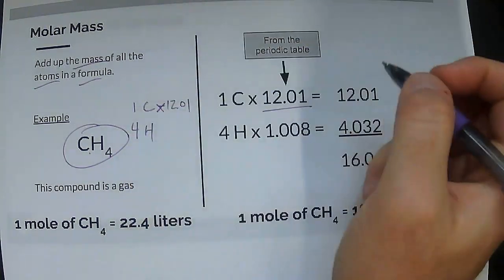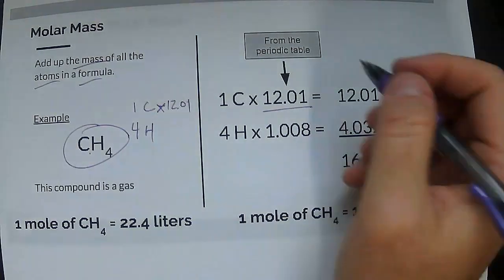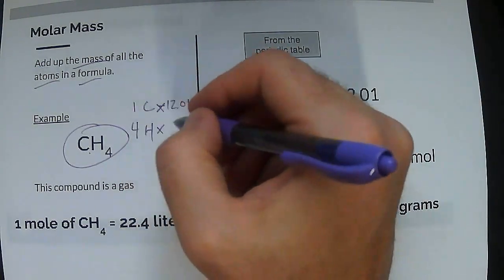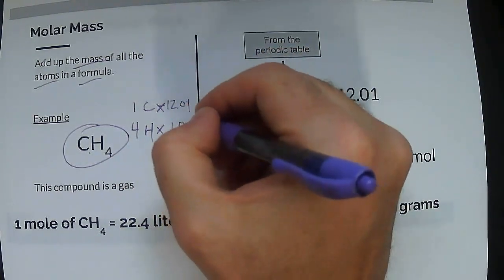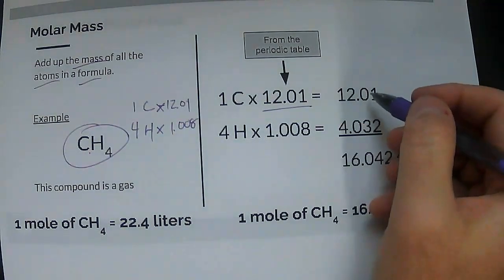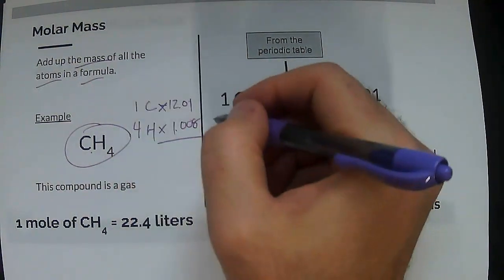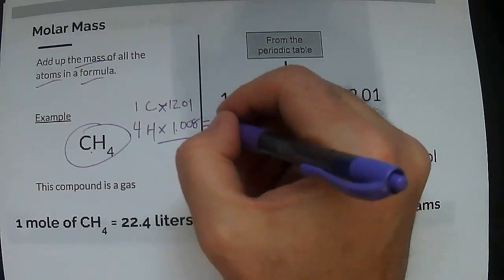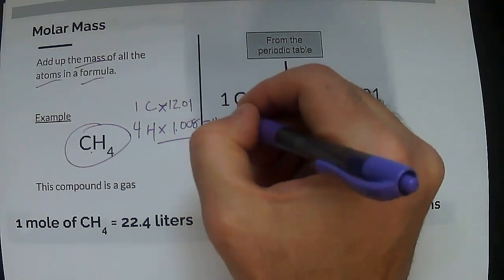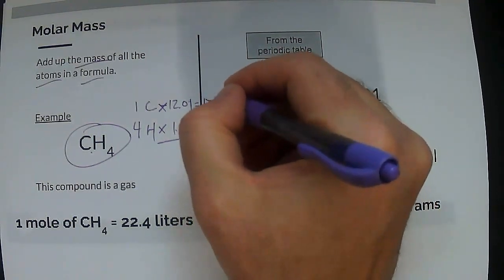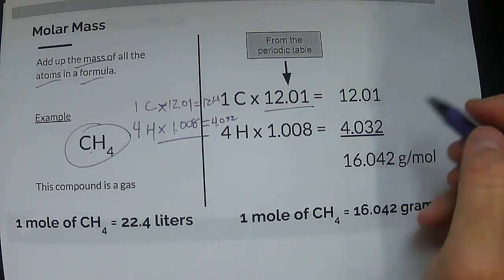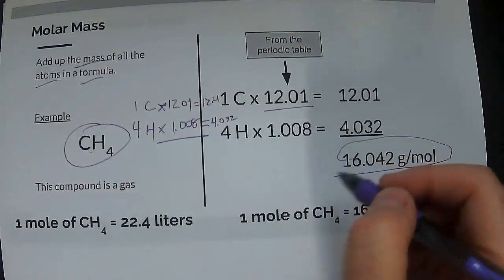And so we're going to multiply 1 times that, and then we're going to multiply 4 times 1.008, and then we're going to add those two together. So this gets to be 4.032, this is 12.01.